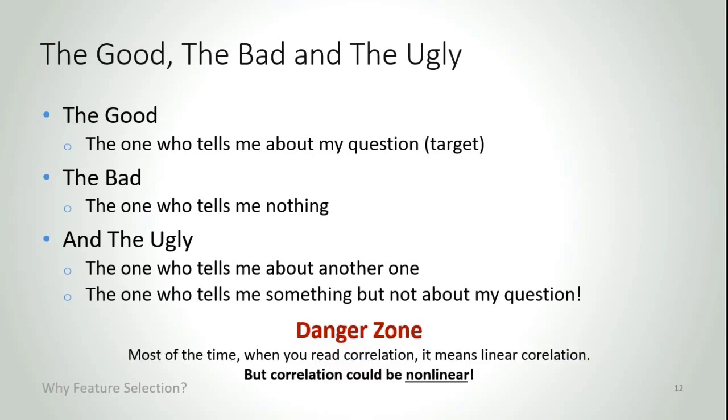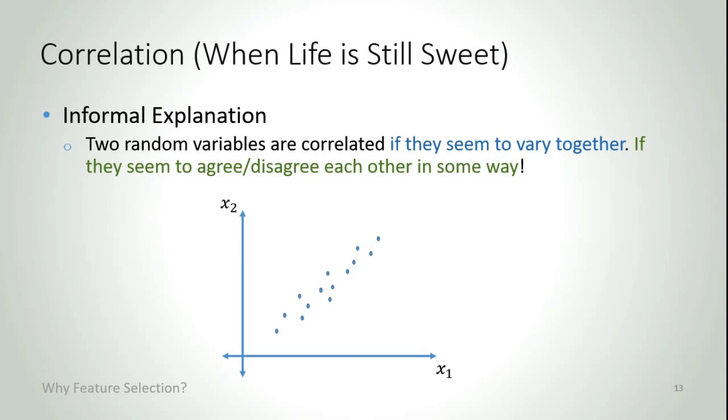The danger zone is that most of the time when you read or see the word correlation in literature, it actually means linear correlation, but correlation can be nonlinear. What is correlation? An informal explanation is that two random variables are correlated if they seem to vary together, if they seem to agree or disagree in some way. Disagree means negative correlation, which is still a correlation.